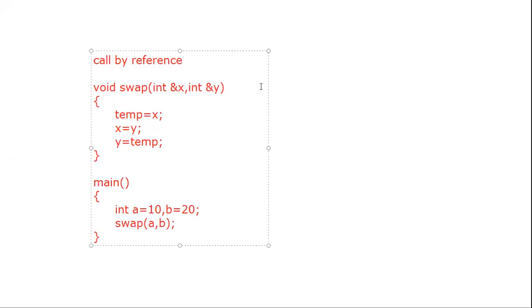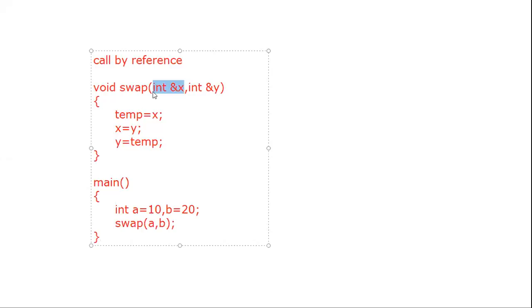Here in this case we are going to pass both the actual values, but when we define that particular function, it accepts the first parameter, or formal parameter, as the address of the original parameter, or the address of the actual parameter.